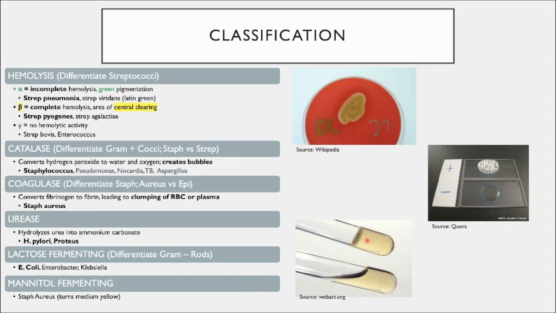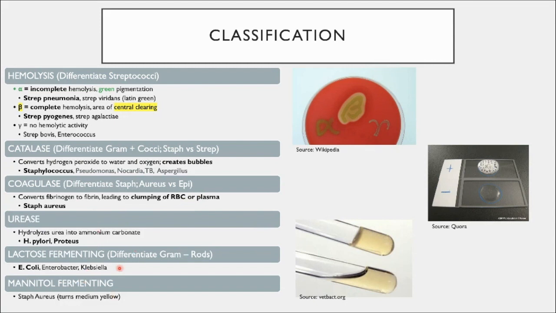See how coagulated and stiff it is, versus a coag negative staph isn't going to cause that clumping. This is really important whenever you're doing blood cultures to make sure you have a Staph aureus infection versus a Staph epidermidis infection. And so that's typically what you're going to see it used for.